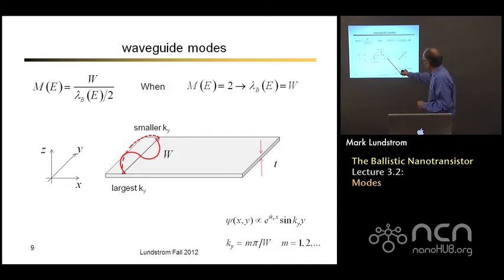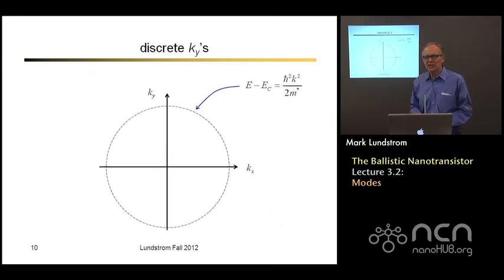Depending on the direction that it's propagating in the xy plane, depending on the value of ky, I'll have a wavelength in the y direction, and there are two possible conditions that will satisfy the boundary conditions. Those give me two possible modes. We can see that a little clearer if we look down on the xy plane, and draw a circle of constant energy for these parabolic energy bands.